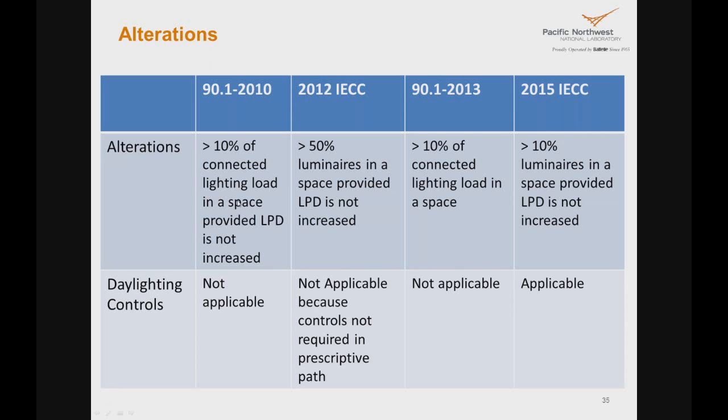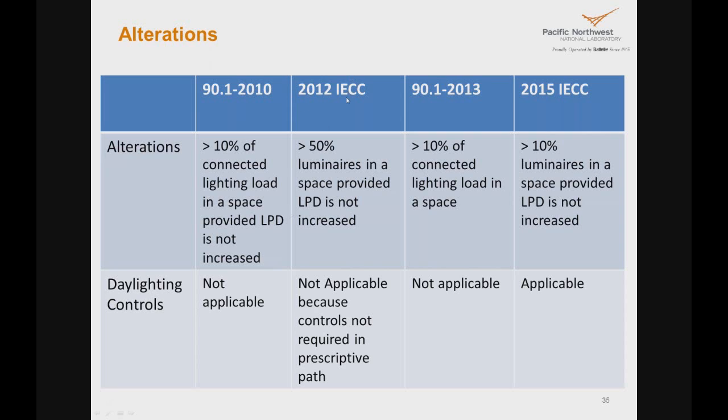So daylighting controls are generally not applicable because, I'm sorry, I should back up a little bit. This requirement only applies to LPDs. So only the lighting power densities must be complied with. Daylighting controls are not applicable to alterations in 90.1 2010.